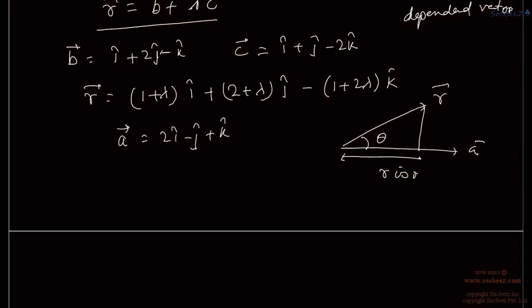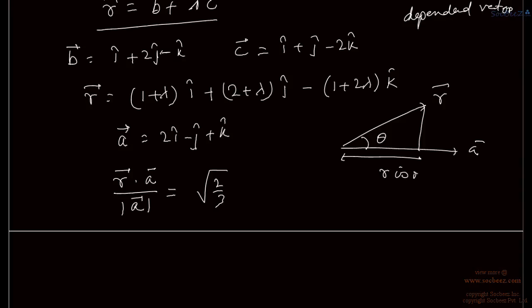That means projection of vector R on vector A is given as R dot A upon magnitude of A, because this is R A cos theta upon magnitude of A. So this is the projection. So this is of length root 2 by 3. It's given.